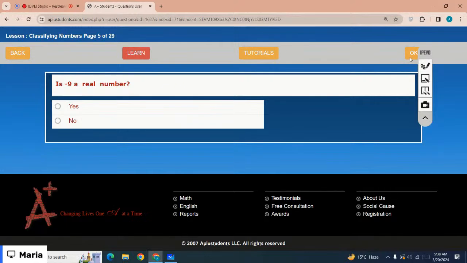The correct option is yes, negative 9 is a real number.